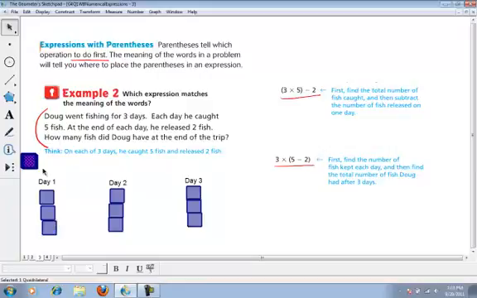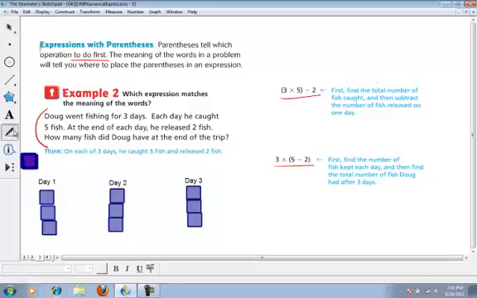And he went fishing for 3 days. So how many fish does Doug have at the end of the trip? Well, I know based on my picture that since he caught 5 every day and released 2, he ended up keeping 3 fish every day.